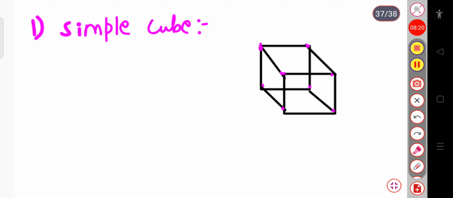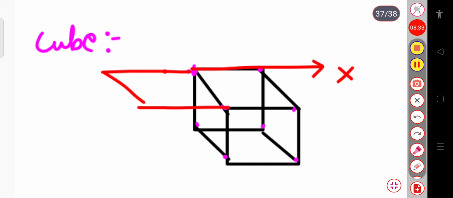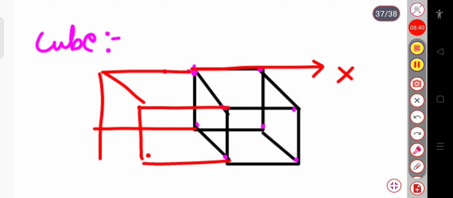So you can see, suppose I consider the x-axis. This one is my x-axis. Now if I draw another cube here, suppose my other cube is present like this.